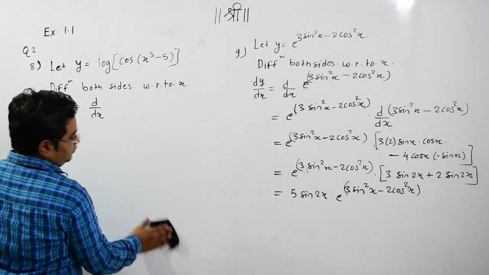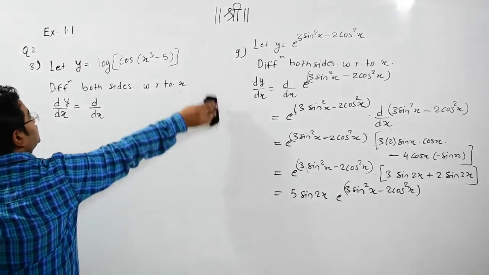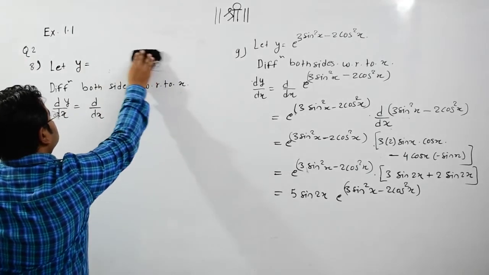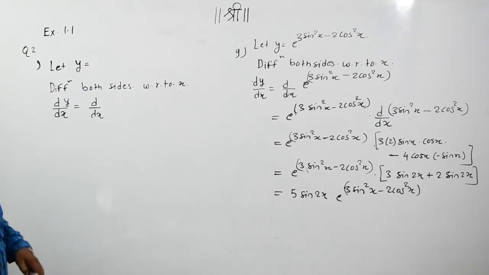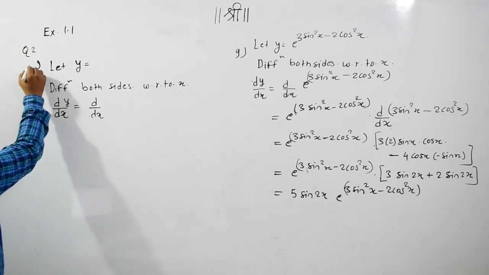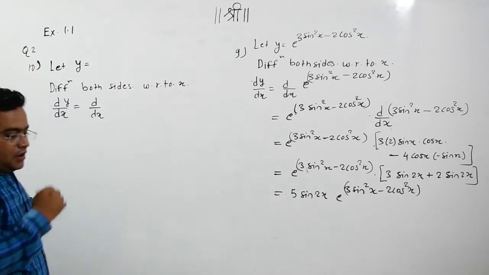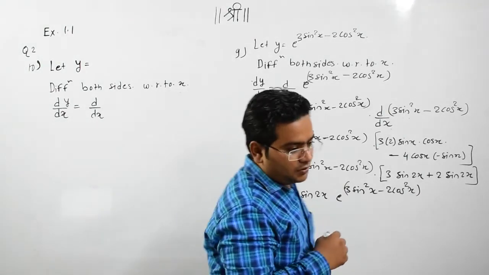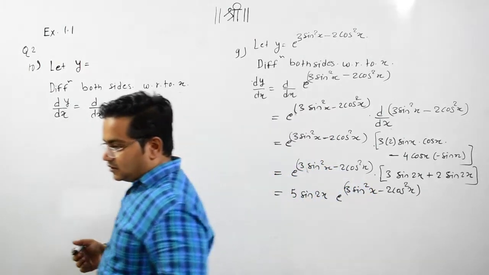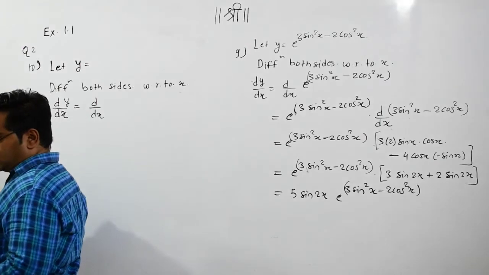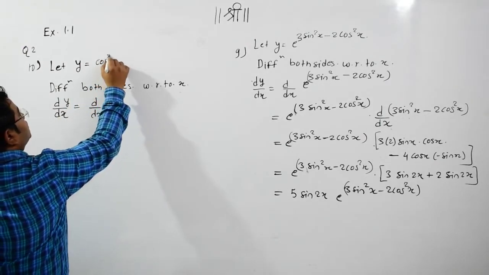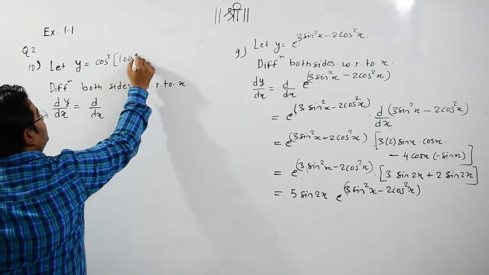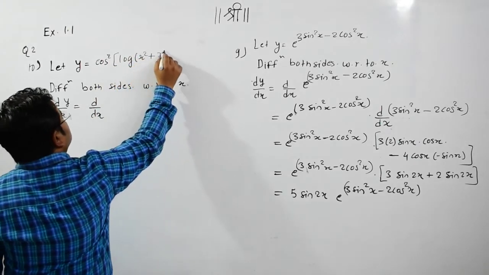We need to focus such that in a short interval of time we achieve so many things. So this is problem number 10: cos² of log of (x² plus 7).